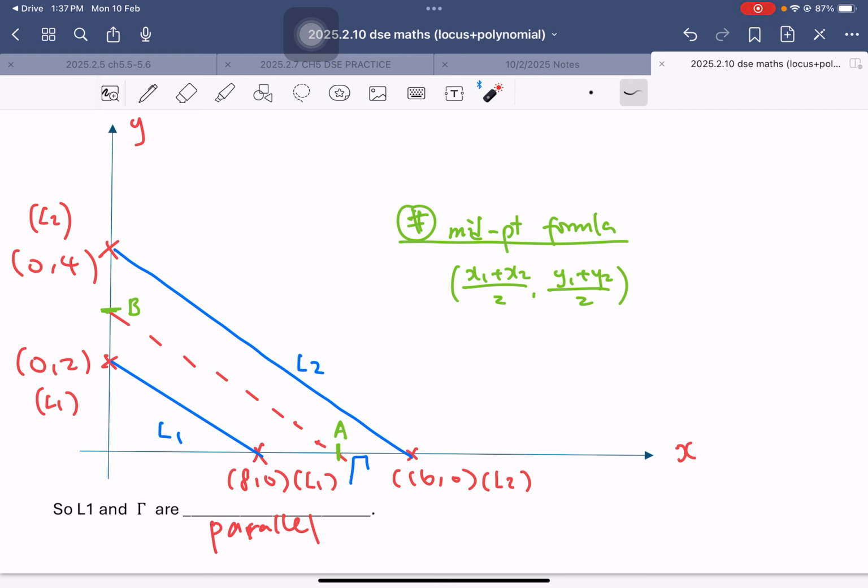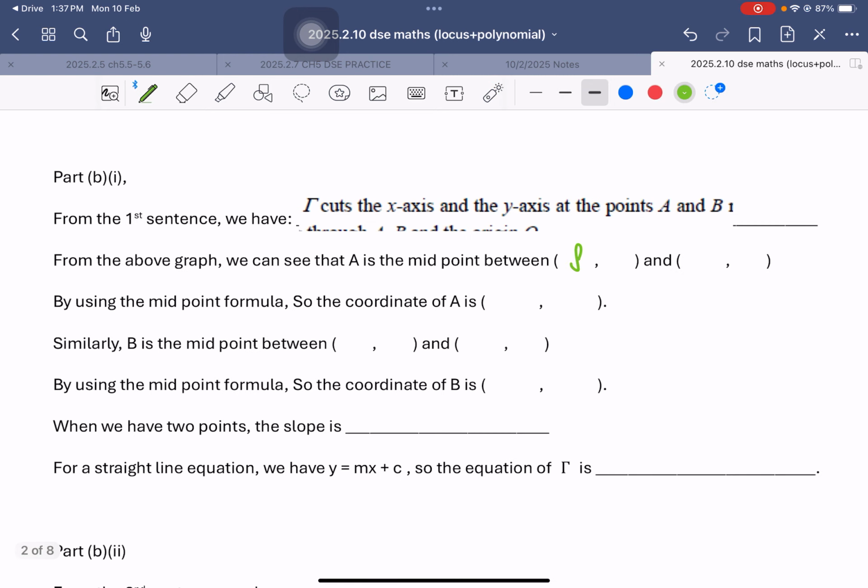A is the midpoint between (8, 0) and (16, 0). Then we apply the midpoint formula, so the coordinates of A are going to be: adding up the 8 and 16, you get 12, and then 0 is just 0.